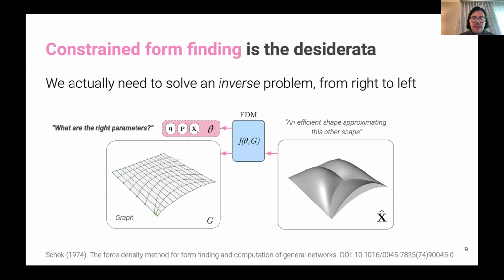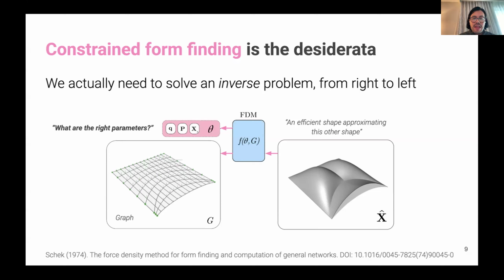So this means that we can not only optimize for force densities, as many people usually do, but we can simultaneously optimize for the applied loads and for the support positions, which allows you to do interesting things like the image I show here on the right, where we can optimize the shape of the boundary and interior of this grid shell so that we can achieve a shape that is not only compression only, but that is also planarized. And all of this happens automatically thanks to JAX FDM.